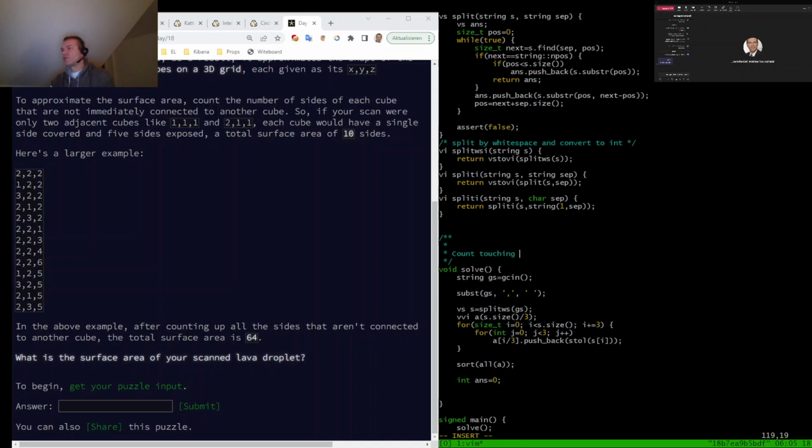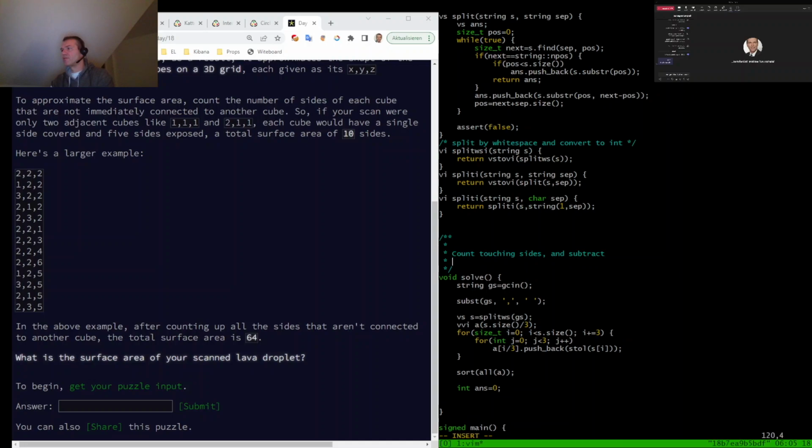Touching sides, and subtract from n times 6. It's reasonable for any n size.